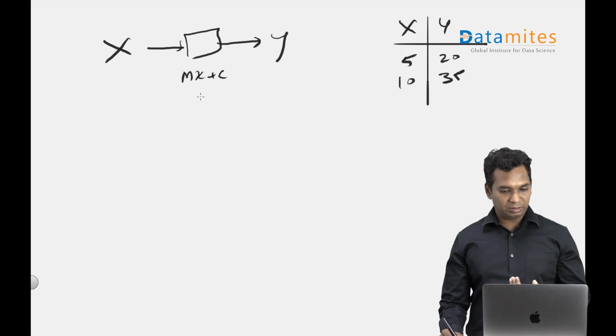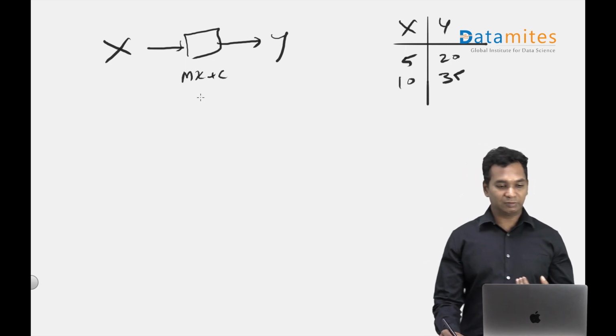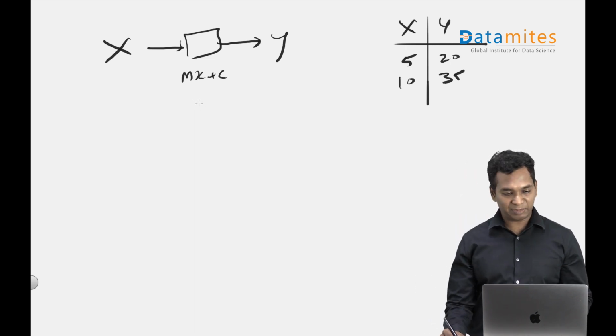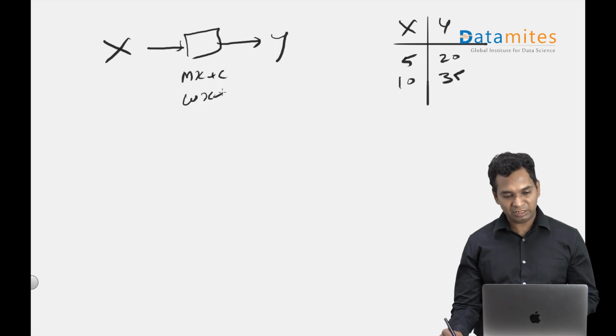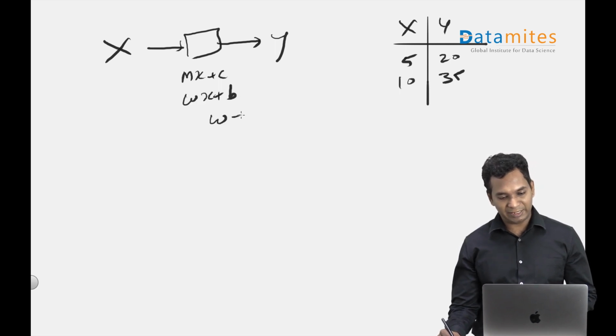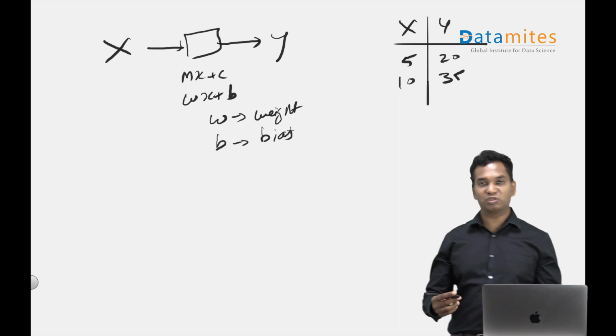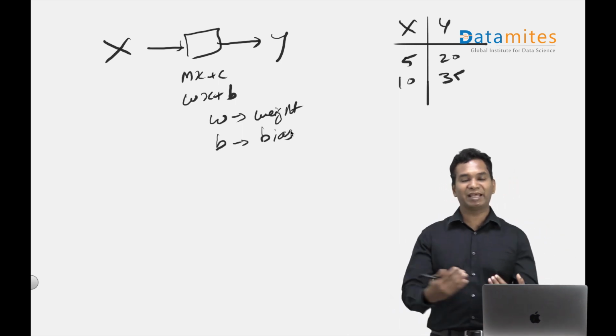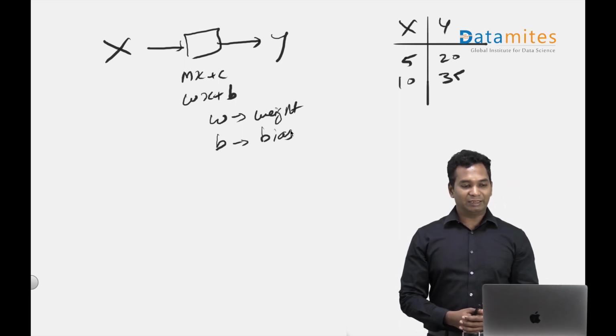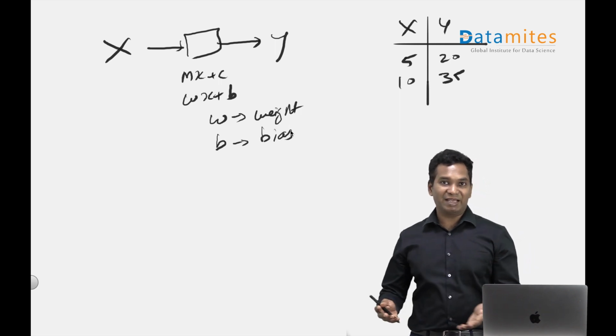In neural networks, the mx plus c, m can be called wx plus b, where w is your weight and b is your bias. So it makes sense because w is multiplying it, it's a weight, and b is offsetting it, biasing it.